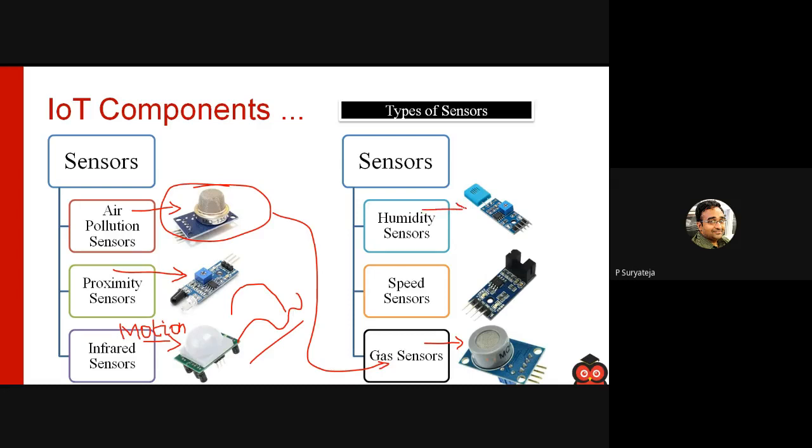And then we can have humidity sensors, which will detect the humidity, the moisture, in the environment, and speed sensors, which will detect the speed at which the object is moving. And like air pollution sensors, we can also have gas sensors. So these are some types of sensors. Okay, 1 minute, I'll come back.